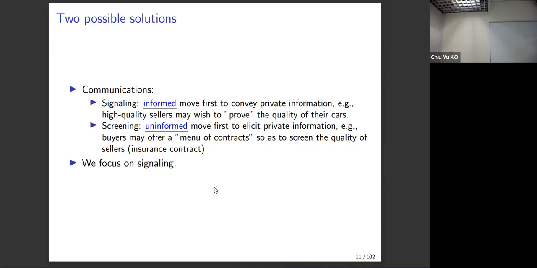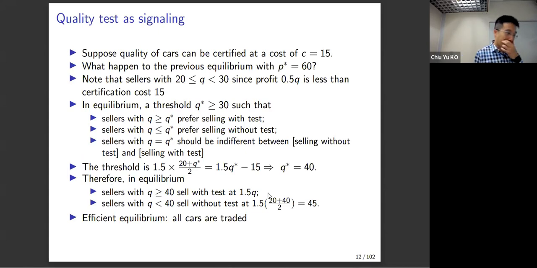But in this class, we focus on signaling, in this particular case. And do note that this signaling has to be costly. Otherwise, the lower type can also mimic you. As I said, costly signals include auditing, investment banking, underwriting, and many other things.